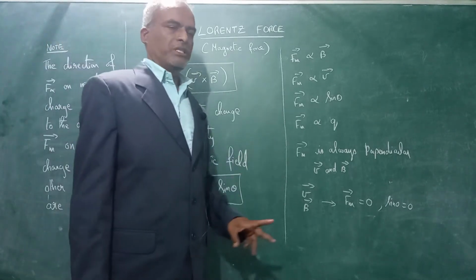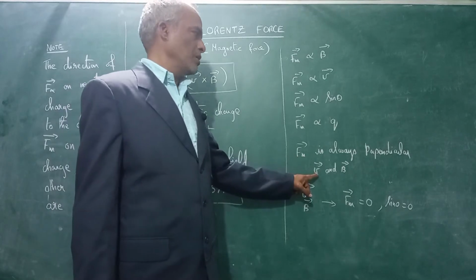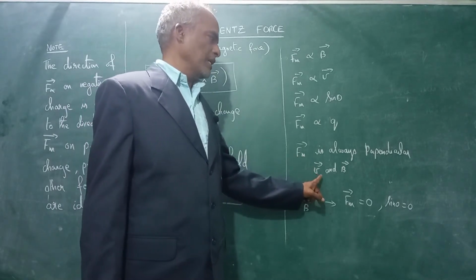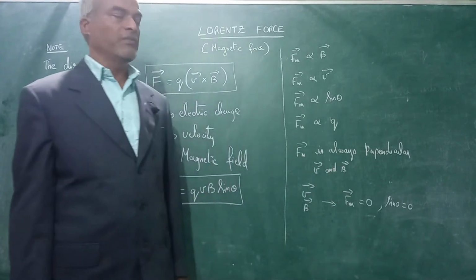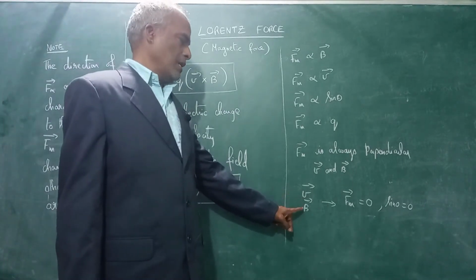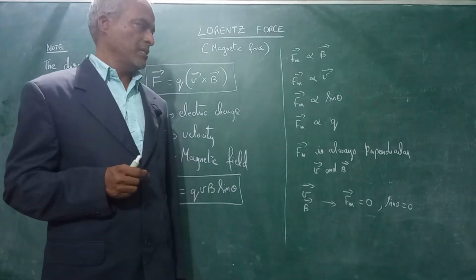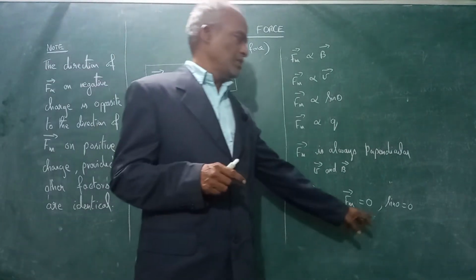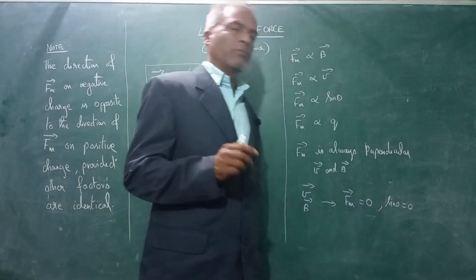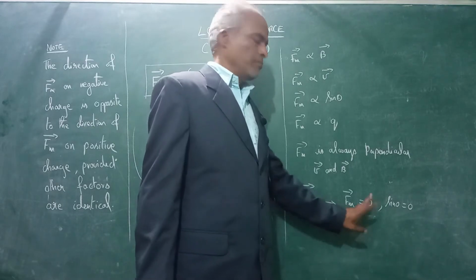And one more observation is the direction of magnetic force is perpendicular to both velocity vector and magnetic field vector. Suppose the velocity vector and magnetic field vector both lie in the same direction, then the angle is 0. So sine 0 is 0. That means magnetic force is also 0.